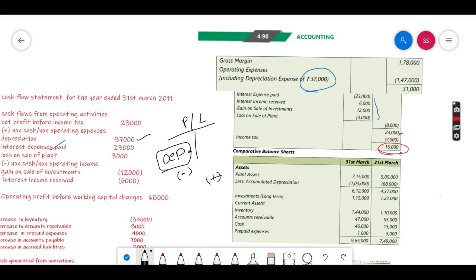Next, interest expenses paid. Depreciation is non-cash and interest expenses paid is non-operating. This is not related to the operations, but still you have deducted it in the P&L account as interest expenses, so now we will add it back. Interest expenses paid is 23,000. Loss on sale of plant is also a non-operating item. So we are taking only the expenses first: interest expenses paid and then loss on sale of plant.